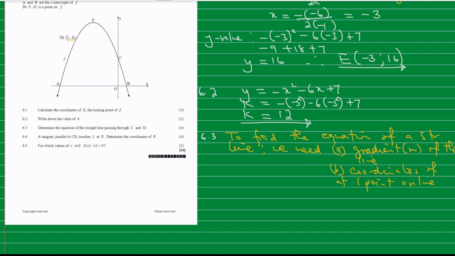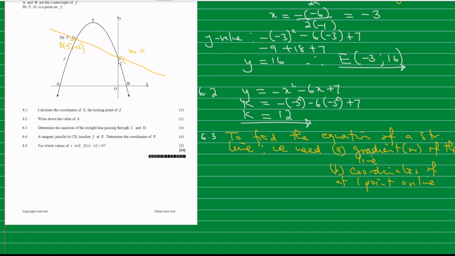So for us to find the equation here, we need at least the gradient of that line. We assume that we have got a straight line running over here through C and D. To find the gradient of the straight line, which is m, we need to find the coordinates of D and C. The coordinates of D we have found already: this is -5 and 12.